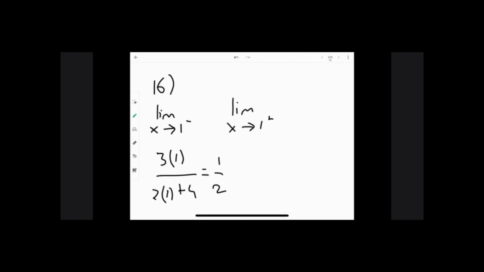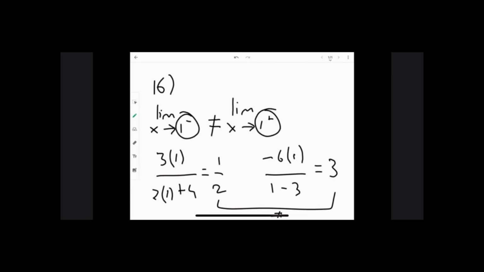However, if we substitute 1 into the second part of the function, we get minus 1 over minus 2, which is equal to 3. These two values are unequal, which means that there's a jump in the function at that point. So in total, we have 3 points of discontinuity. One at x equals minus 2, one at x equals 1, and one at x equals 3.